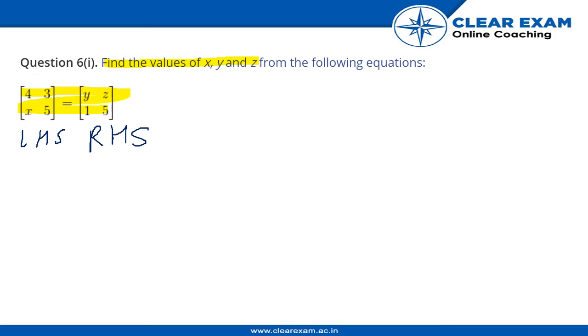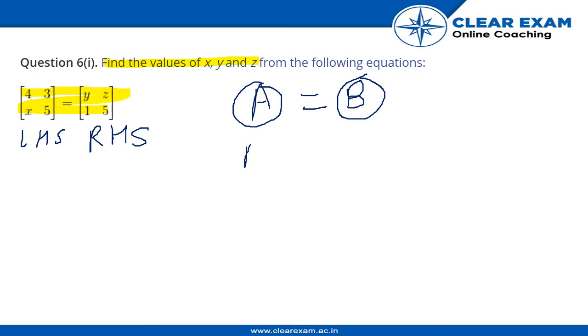The property that we use in this type of questions is that if two matrices are equal, if a matrix A is equal to B, then the corresponding elements of A should be equal to the corresponding elements of B as well.